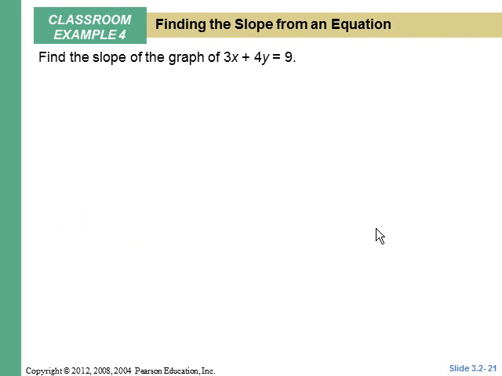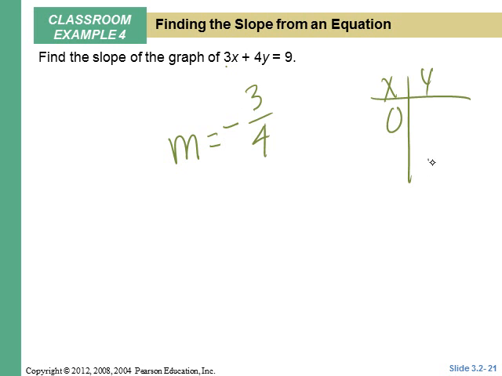All right, another one where we have to find the slope from the equation, just like we were doing before. I don't know why this one is different than the other ones, but we would write m equals negative, because you have to change the sign, 3/4, or we can do it the book's way, x, y, 0, 0. If x is 0, y is 9/4, and if y is 0, x is 3.